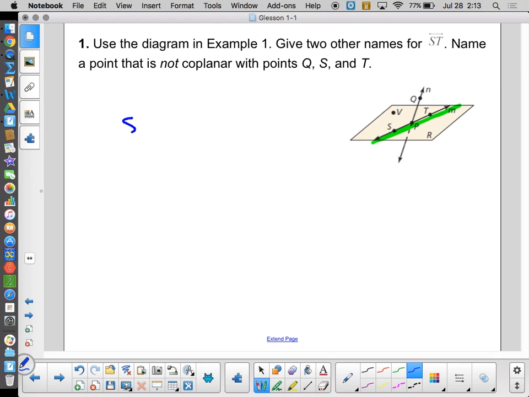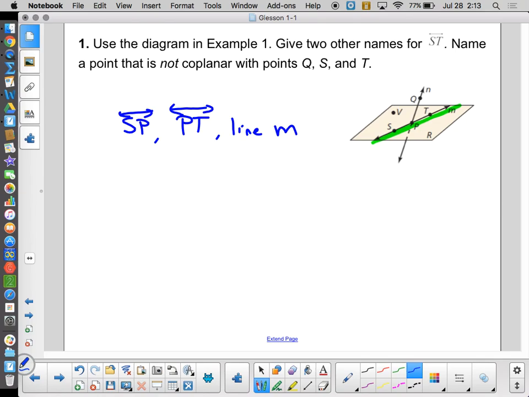How about SP? Or I could call it PT. I could also call it line TS, or I could call it line M, because that M by the arrow indicates the name of the line.